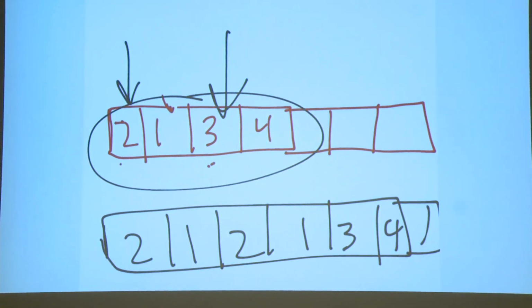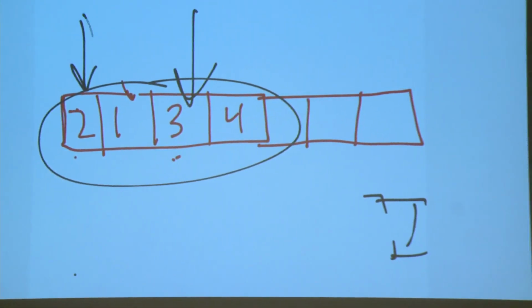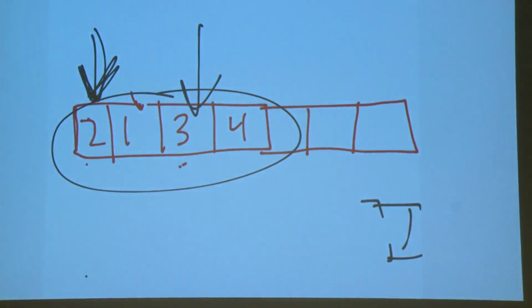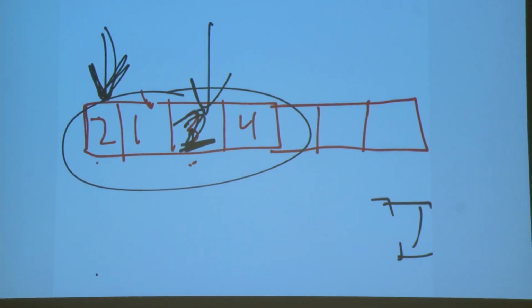But this is dependent on the order in which we actually copy, since if we don't consider the fact that the region we're copying into overlaps the one we're copying from, then we might do: start here, copy the 2 into the place we want to go, then move our pointers forward.